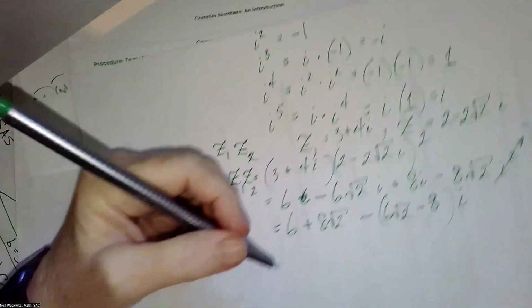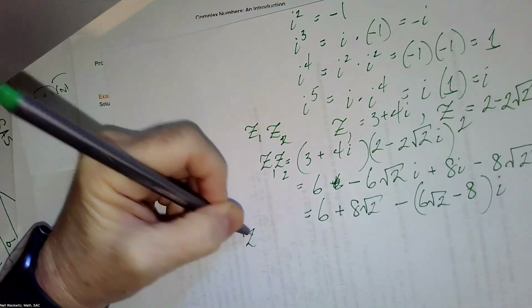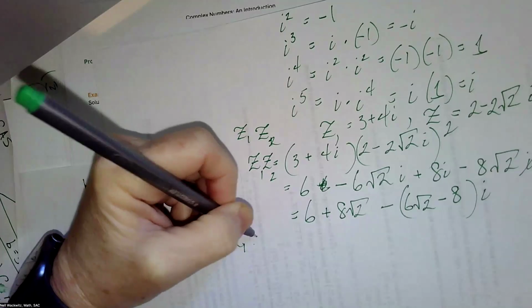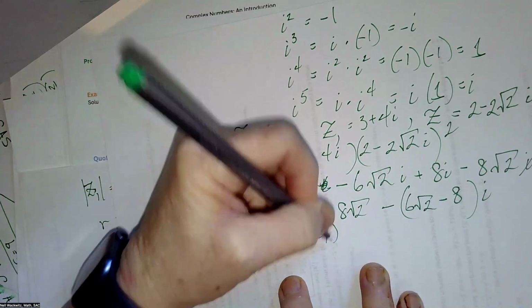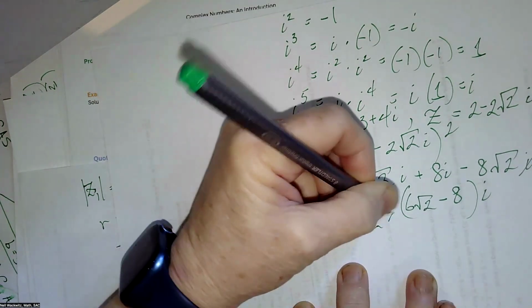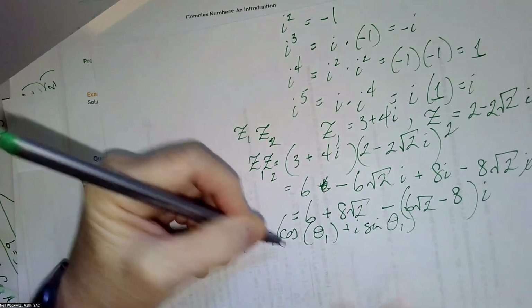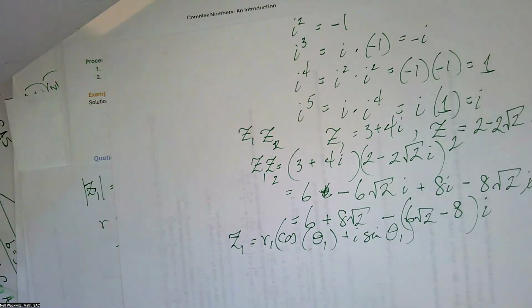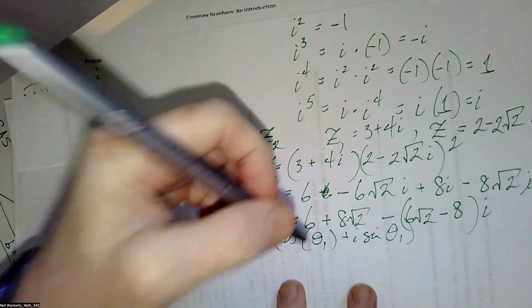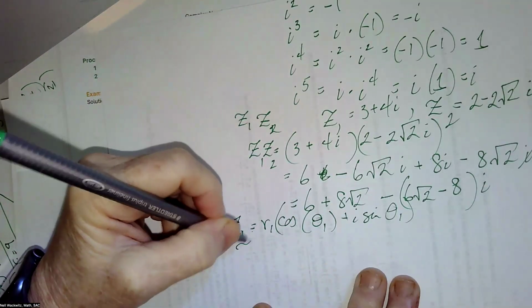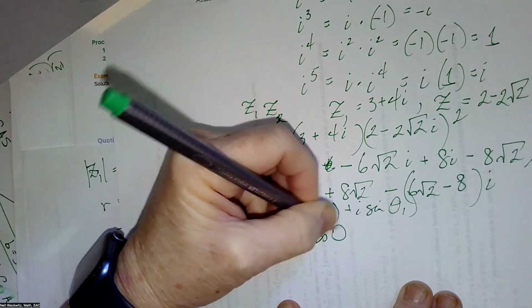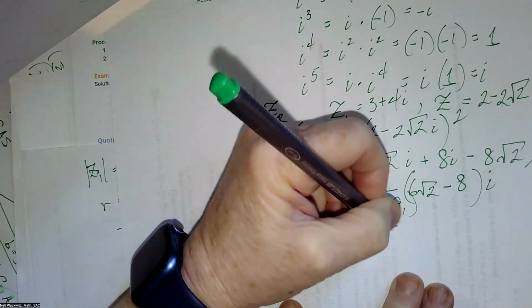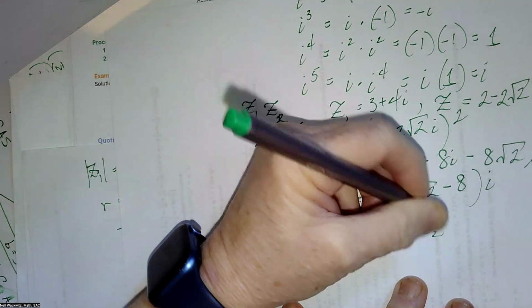But check this out. Let Z1 be r1 cosine theta 1 plus i sine theta 1, and let Z2 be r2 cosine theta 2 plus i sine theta 2.